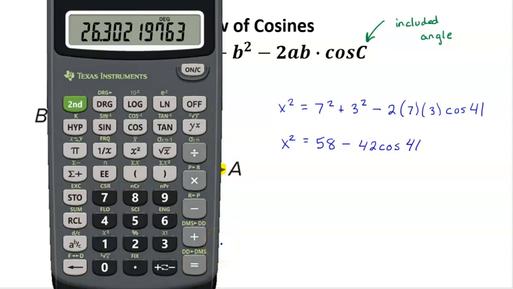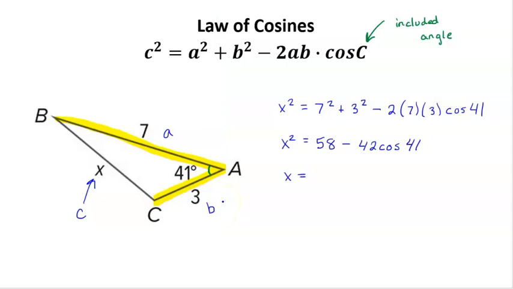And so we've got what's on this side of our equal sign, but we know to get x squared by itself, we need to take the square root. So I'm going to go ahead and do that now. So I'm going to hit this square root button here, and that gives me 5.1. And so x is going to equal 5.1.